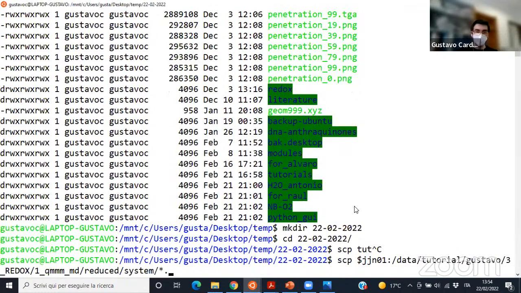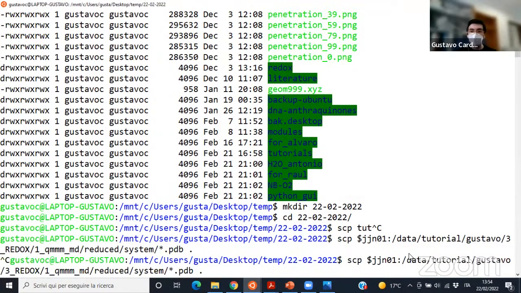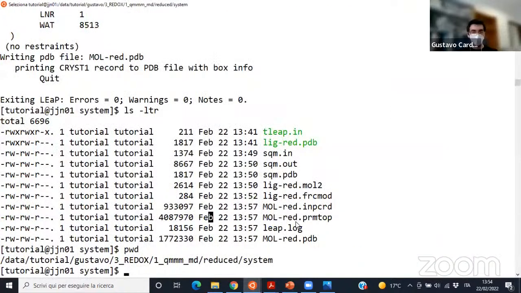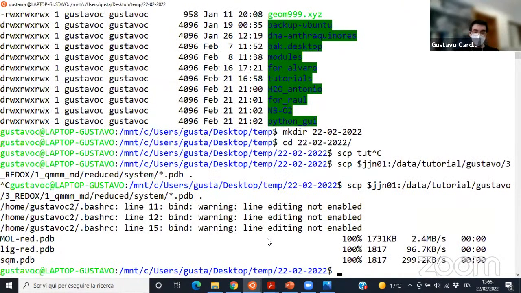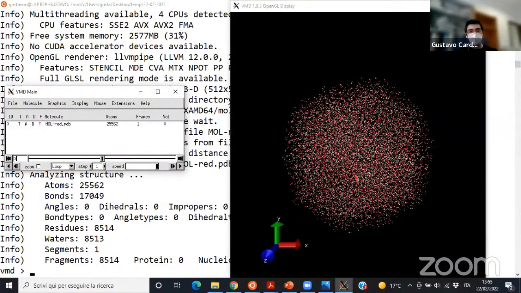Let's copy this. Okay, this for some reason is not working. Okay, yeah, there is VMD and molred.pdb. So here it is.